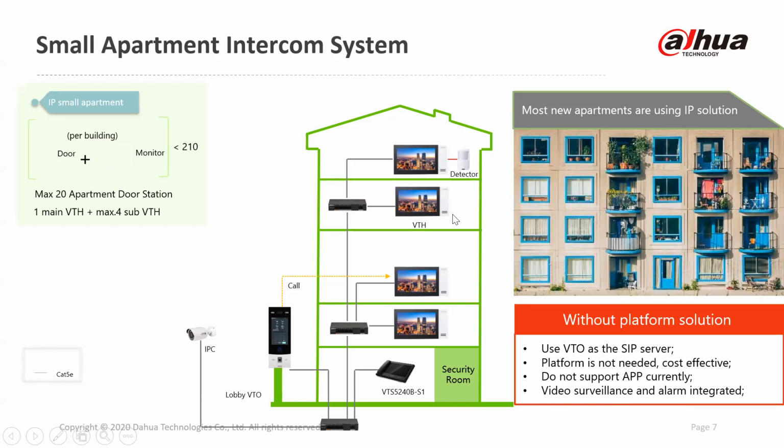Since we have the detectors at this point, then we have the security room where we find the VTS, which can call different rooms, the different VTHs. Different VTHs can call each other, but a VTH can't call a VTO at that moment, whereas the VTO can call the VTH.